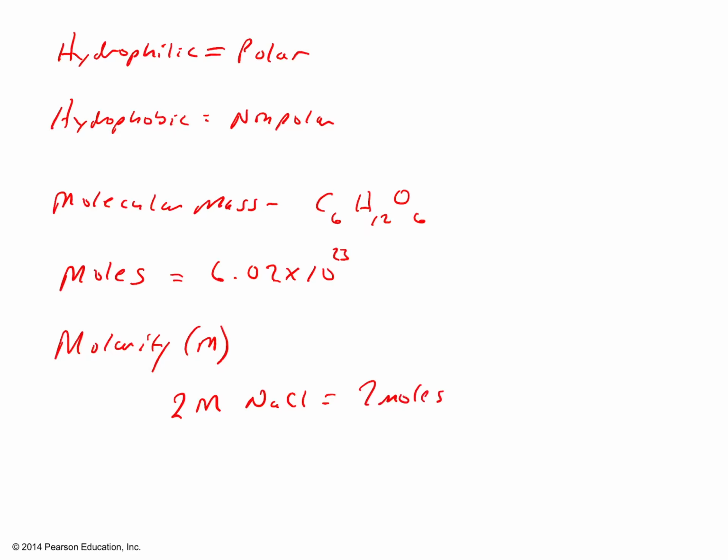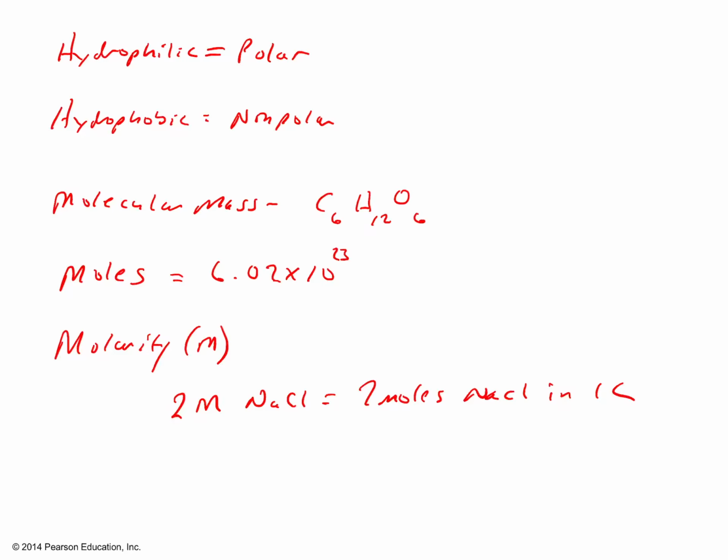This means there are 2 moles of NaCl in 1 liter of salt solution. Okay, so you have 1 liter of salt solution. How concentrated is it? There are 2 moles of NaCl in that. A 5 molar solution, 5 moles of NaCl, and so on.